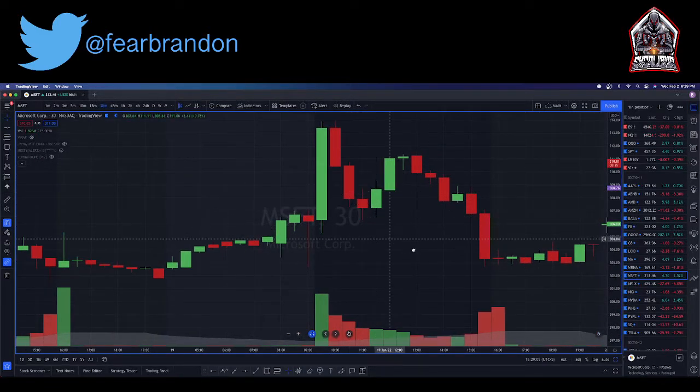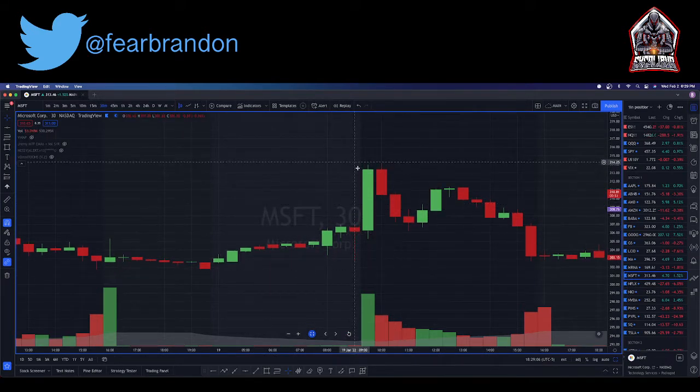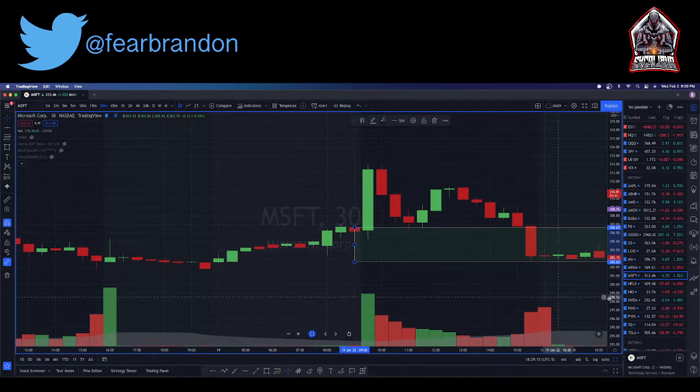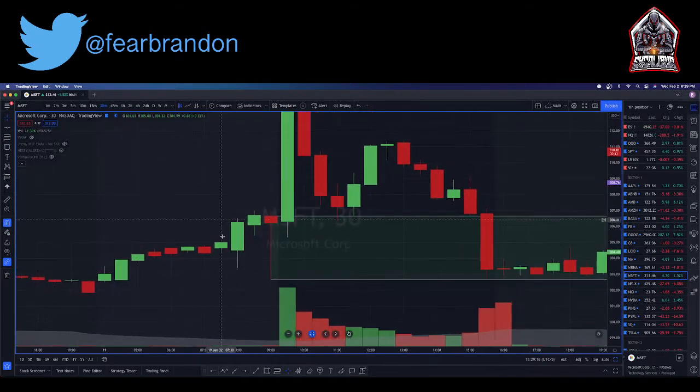So we had this huge price imbalance right here. Huge buy. We had this nice little push up. They agreed on price here, and then a huge push at open.